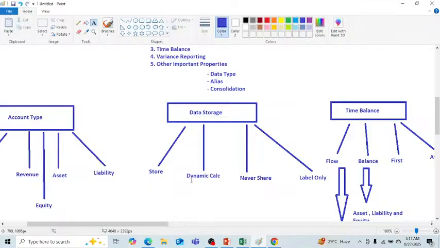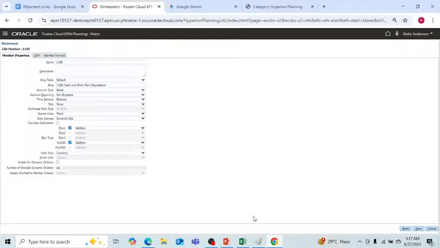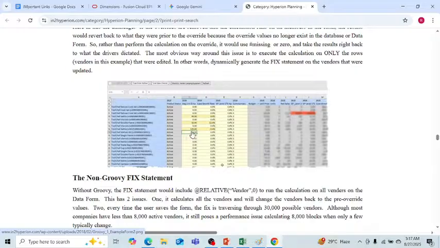Even I would say if the store option is enabled, then absolutely input permission would be given to the user so that they can input the data under the dirty cells. I'm going to show you how it works.